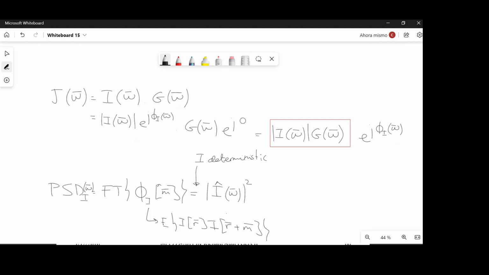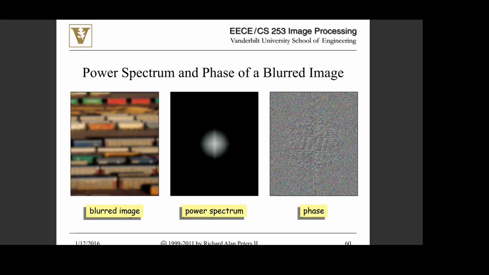I don't have to add plus 0. So this is amplitude, this is phase. The amplitude changes, but the phase does not. The phase doesn't change.